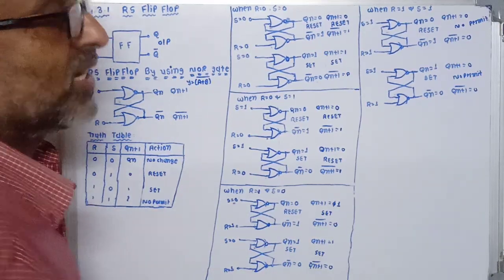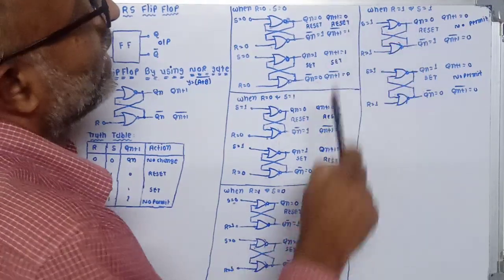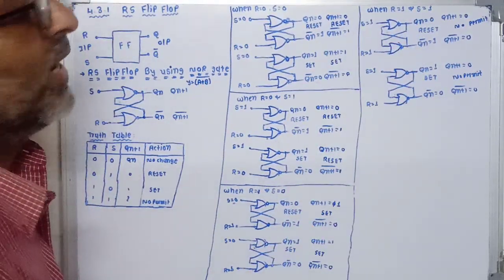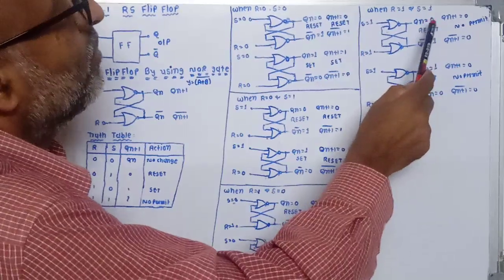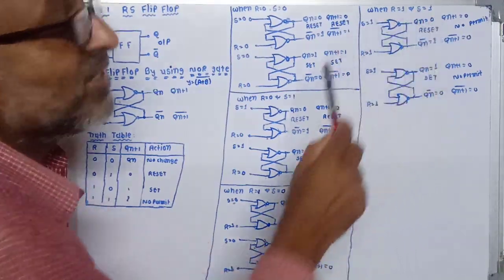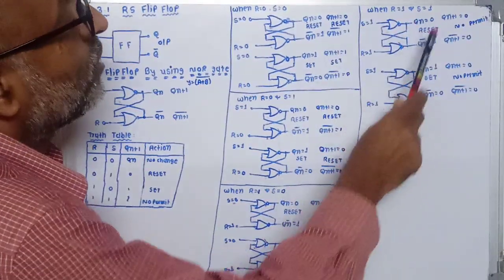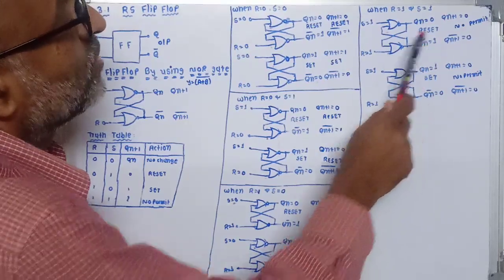Now next case, when R is equal to 1 and S is equal to 1, and initially our flip-flop is in reset condition. That means Qn is equal to 0 and Qn bar is equal to 1.